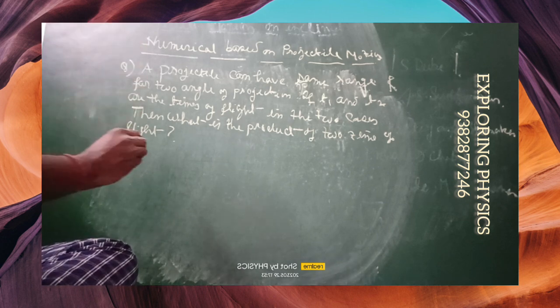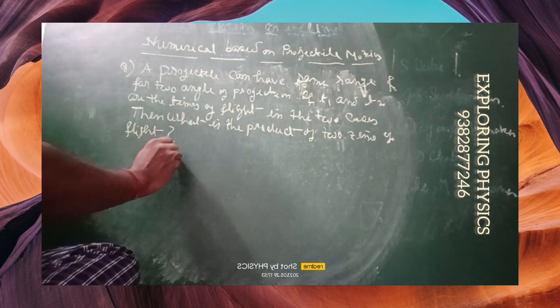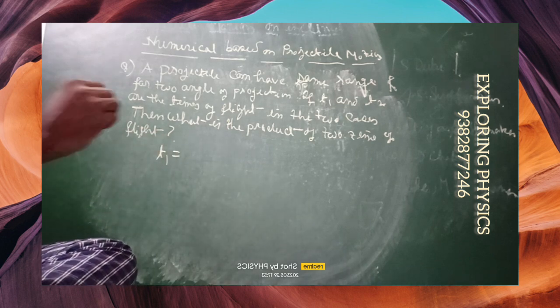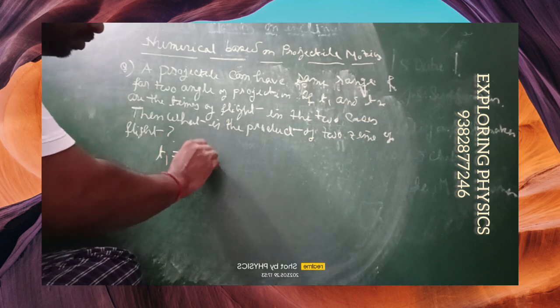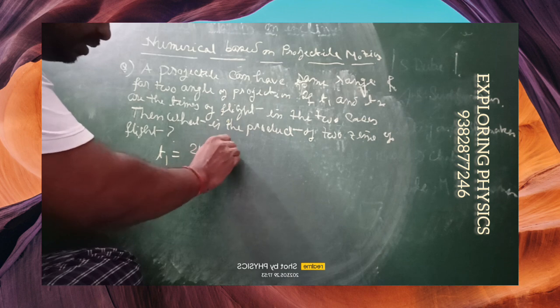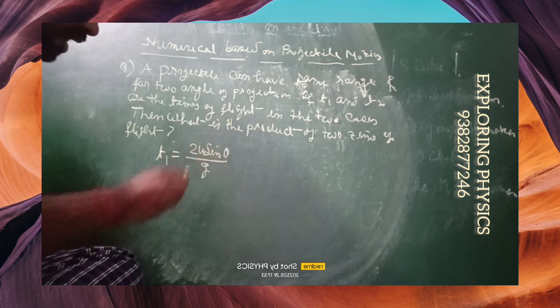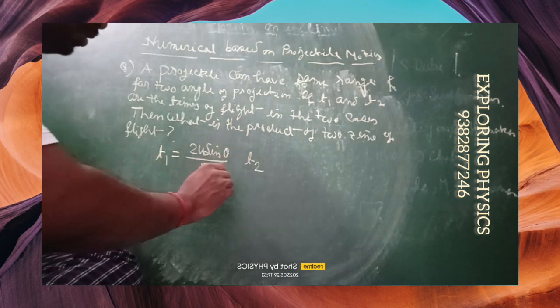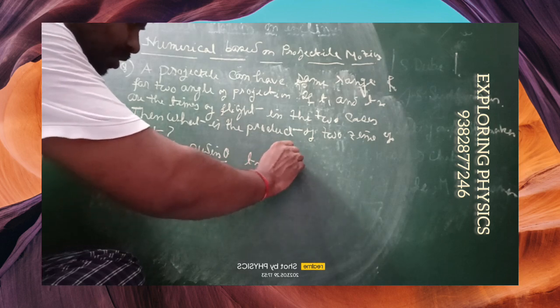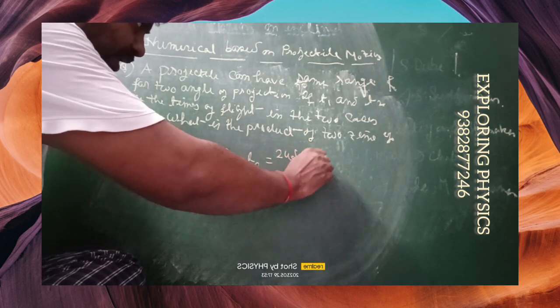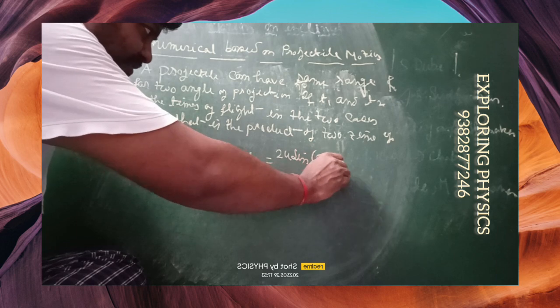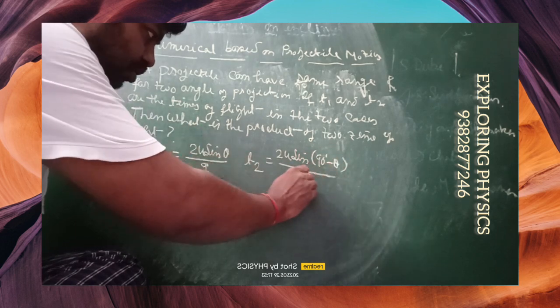So we have T1, the time of flight, equals 2u sine theta by g. Another, T2, equals 2u sine of 90 degrees minus theta by g.